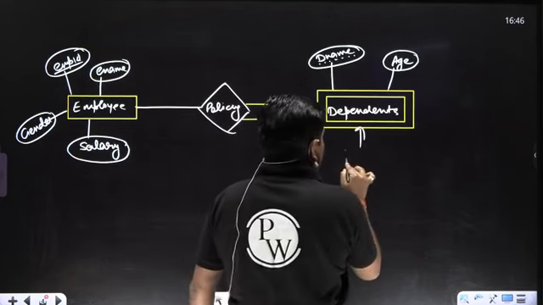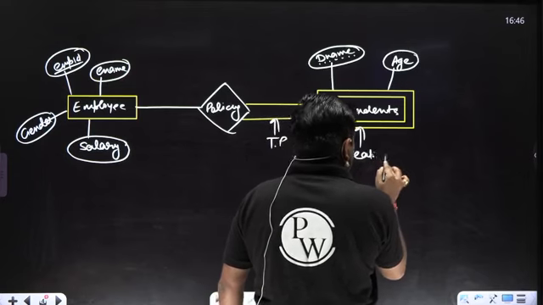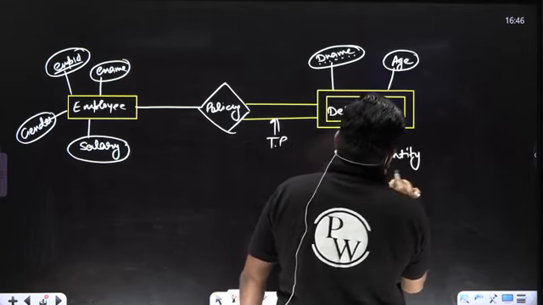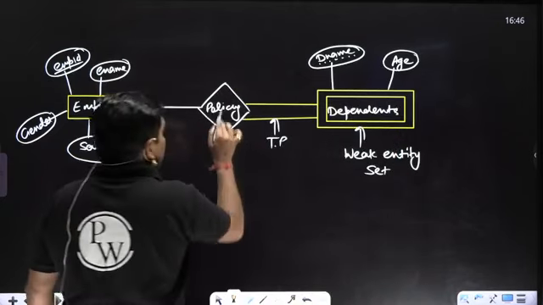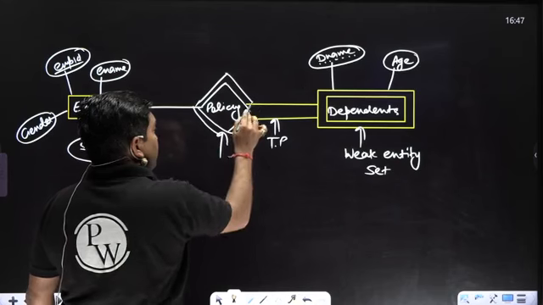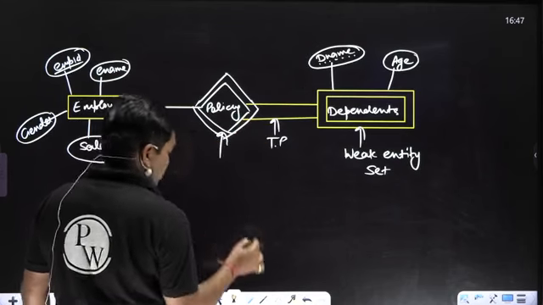This is called the weak entity set, and it is represented with a double or bold border.